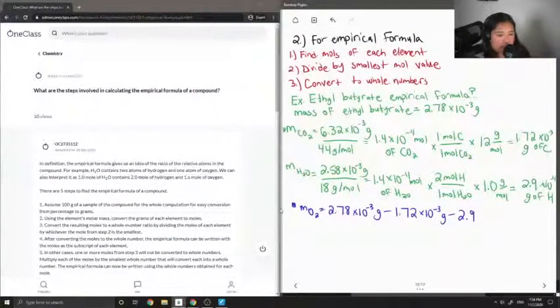This is because we know that this compound only contains carbon, hydrogen, and oxygen. We can do this part, and you get 7.7 times 10 to the negative 4 grams of oxygen.